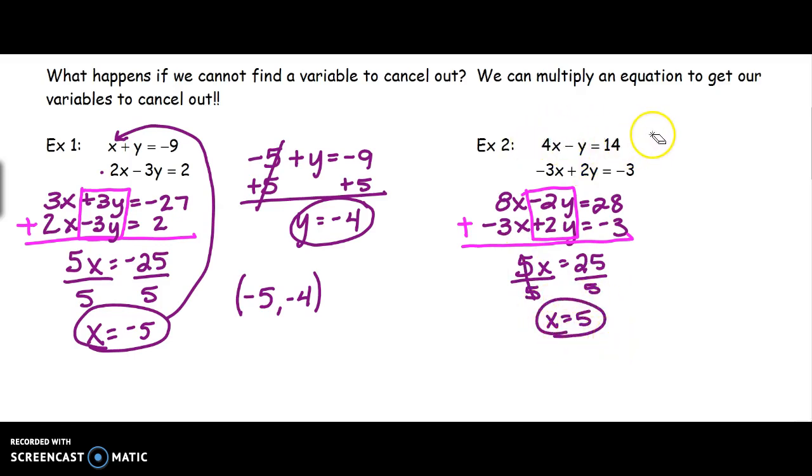So again, we're going to take this and substitute it back into one of your original equations. I always go to the top, it's just habit. So whenever we see an x, we're going to put a 5. 4 times 5 is 20.